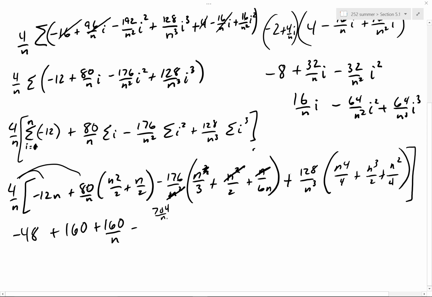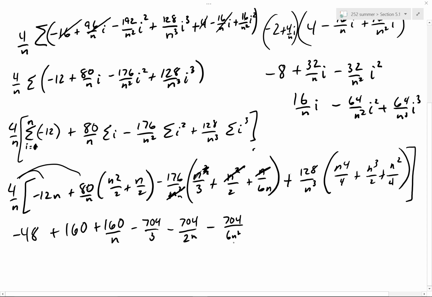So this n and that n will cancel. So 704 divided by 3. So it's going to be minus 704 over 3. There's another n down here. There was no n, so it's going to be 704 over 2. I'll just leave it as that for right now, but there's going to be an n in the basement on that one. And then this one's going to be minus 704 over 6n squared.